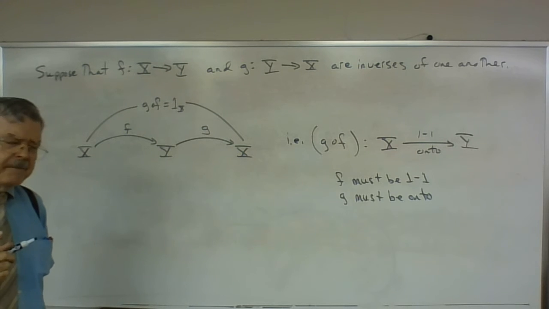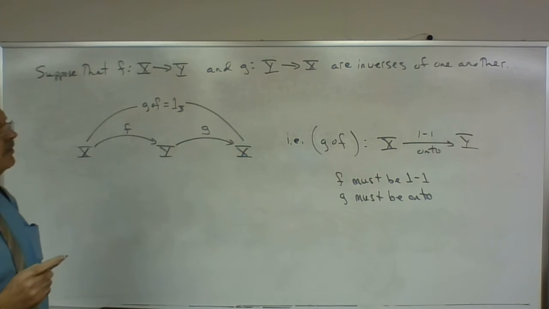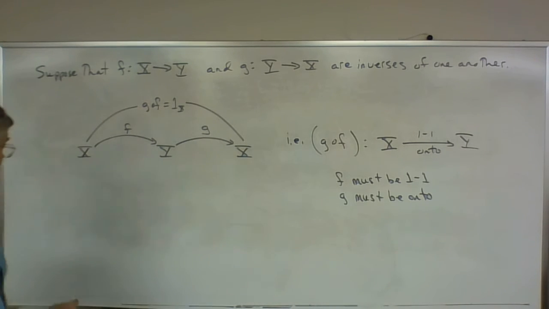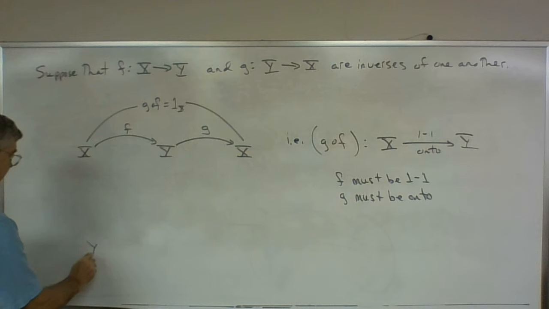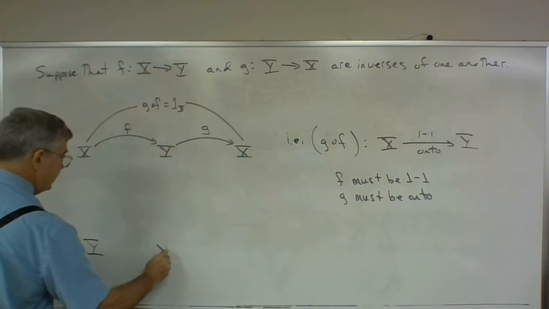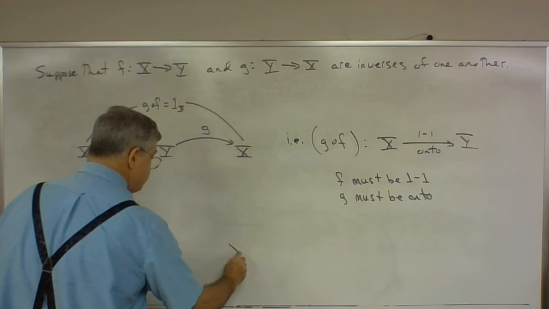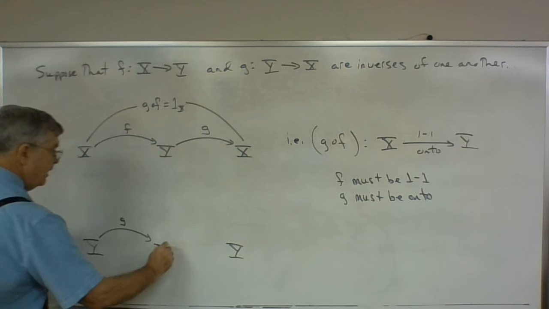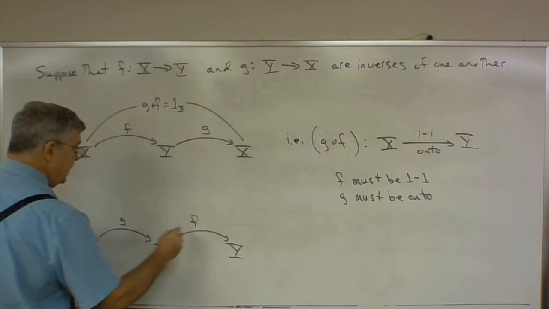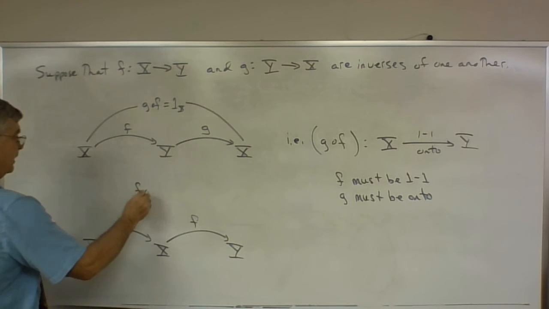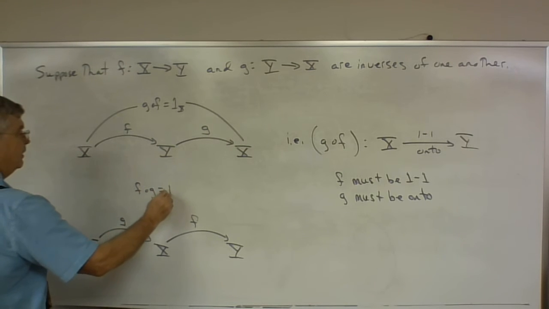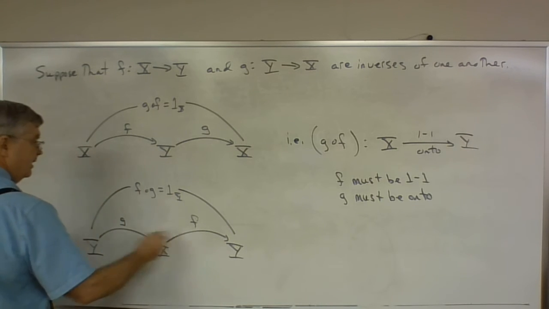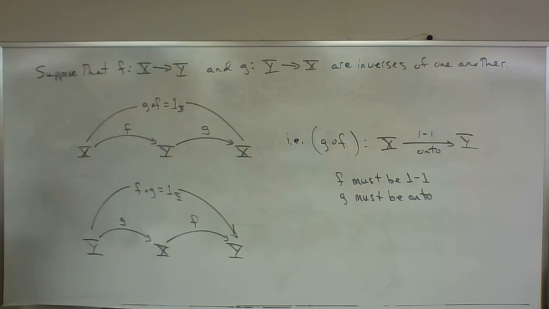But there's more, because not only is G the inverse of F, but F is the inverse of G. So we can draw a diagram like this, where G goes from Y to X and F goes from X to Y, and their composition, F composed with G, which is the identity on Y, is 1-to-1 and onto.